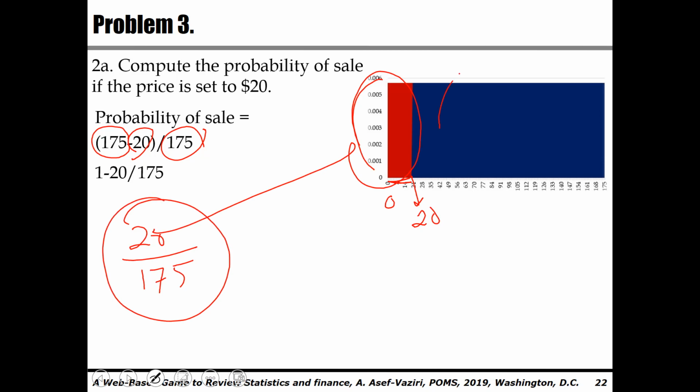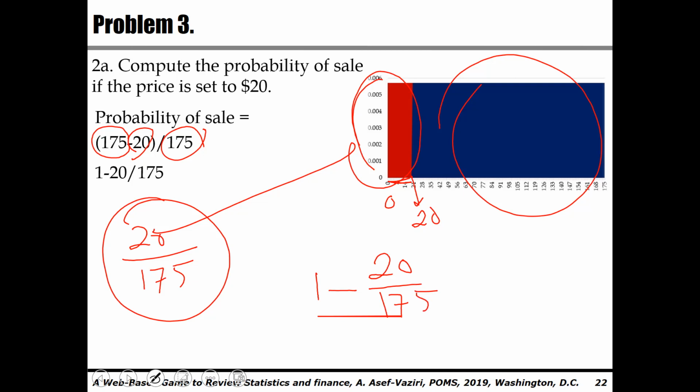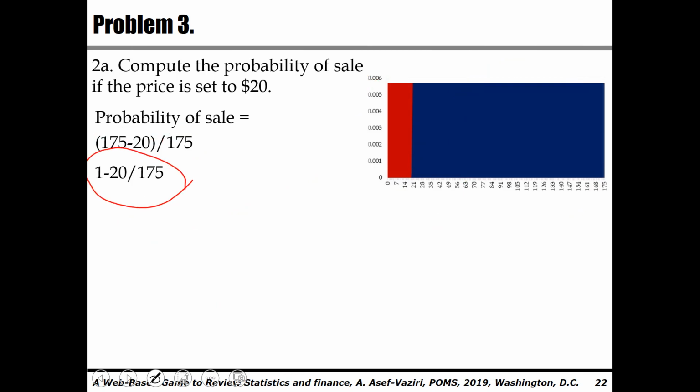But we are looking for the blue probability, which is 1 minus 20 divided by 175. And that is what I have it here. Both of them are the same, and probability of x greater than 20, which is our price, is about 88%, 89%.